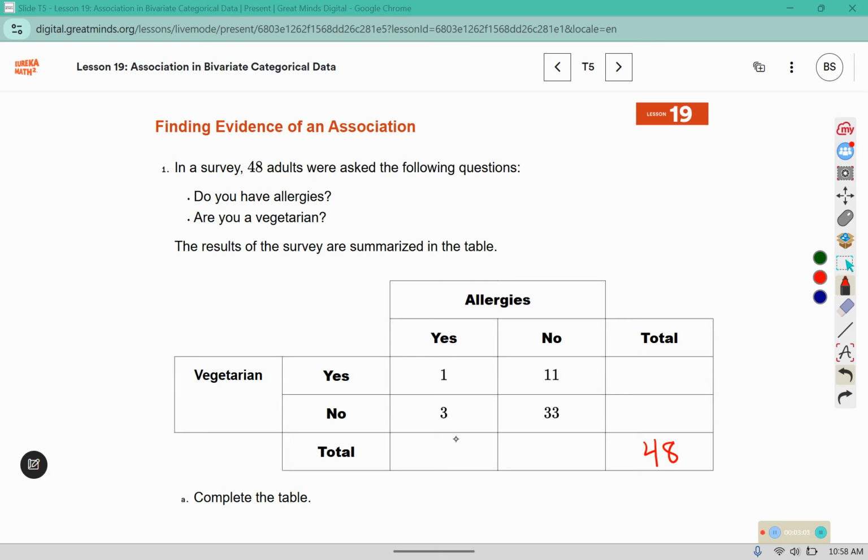So there were 4 people total who said yes, and there were 44 people who said no. 44 plus 4 makes 48. 1 plus 11 is 12, and 3 plus 33 is 36. If I add 12 and 36 together, I also get 48.